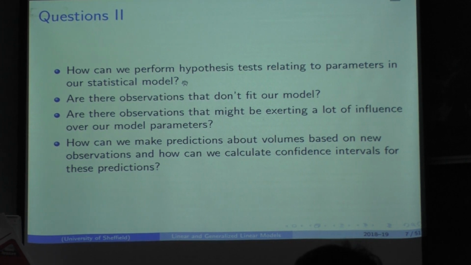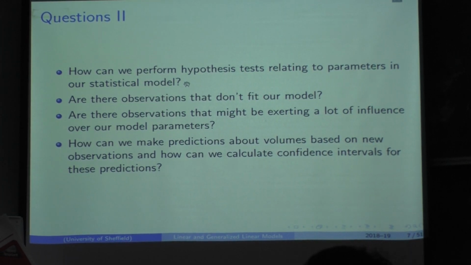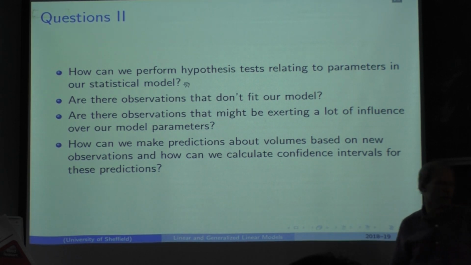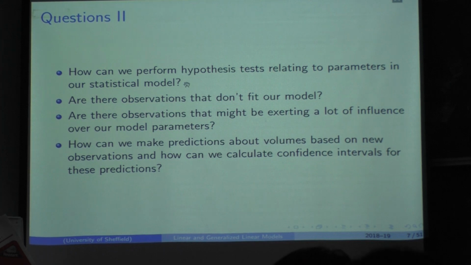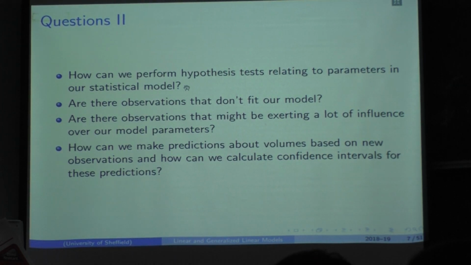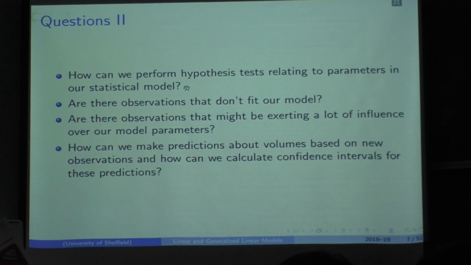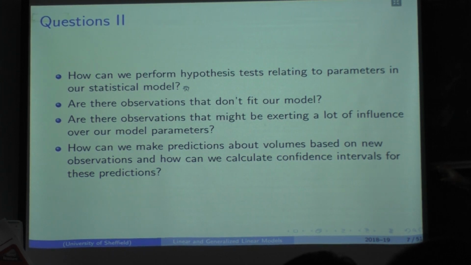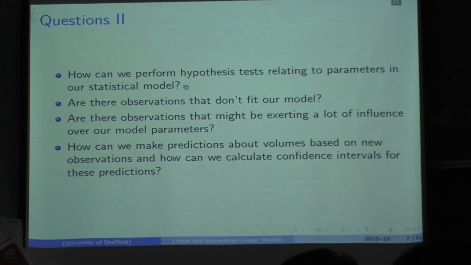How good will that prediction be? How accurate will it be? Can we make a confidence interval for the predicted value? So say we have 95% confidence that this patient's amount of air expelled will be between 2 particular values. That's what we would like to be able to do. And with a linear model, we can do this.